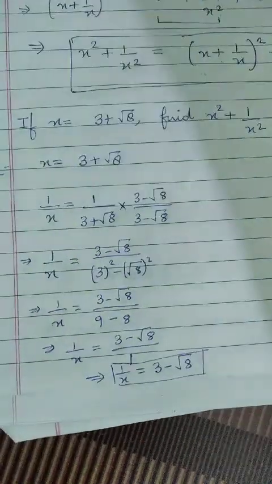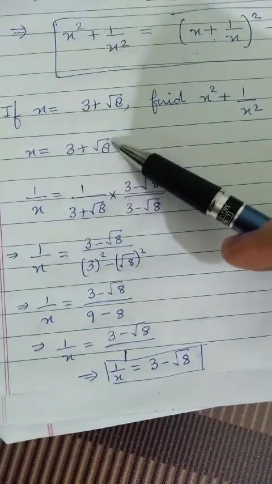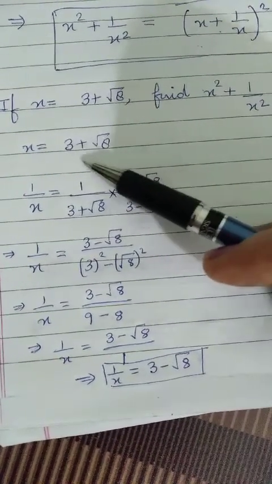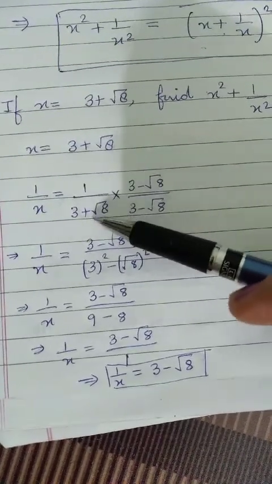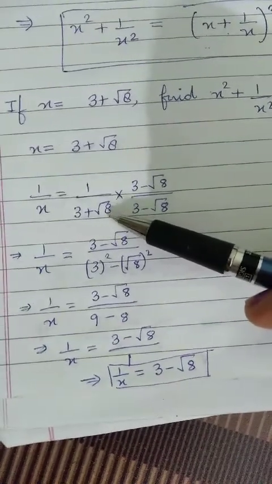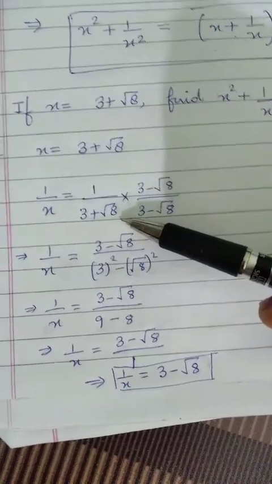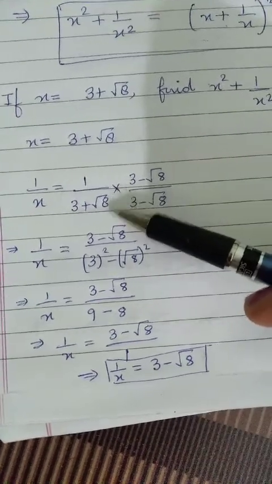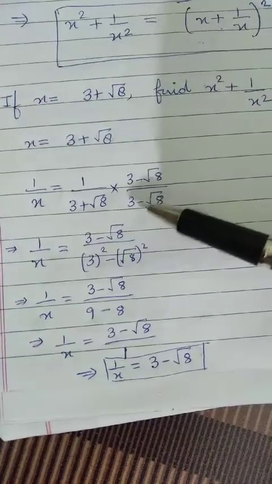Now in this example, x is 3 plus root 8. So x is in the standard form because the denominator here is 1. Now look at 1 by x. 1 by x is 1 by 3 plus root 8, which is not in the standard form because the denominator is irrational. So we have to convert it to a rational denominator, and for that we need to multiply it by its conjugate, and the conjugate of a plus b is of the type a minus b.